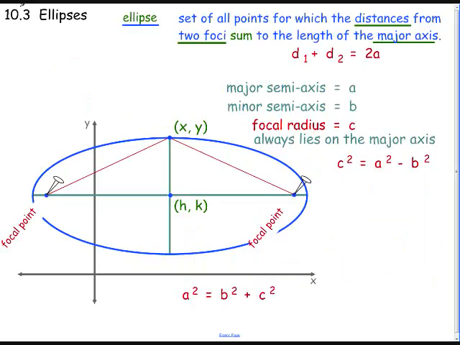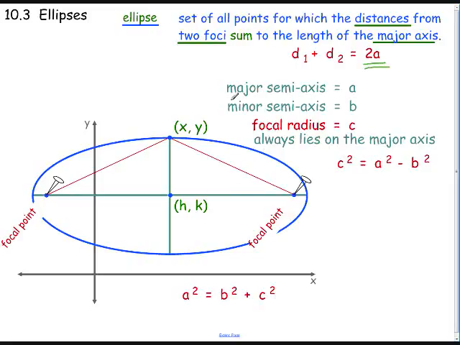So we know that this distance here from one focus to a point on the ellipse, and the other distance going from that point to the other focus, stays constant. It turns out that it is equal to 2a.